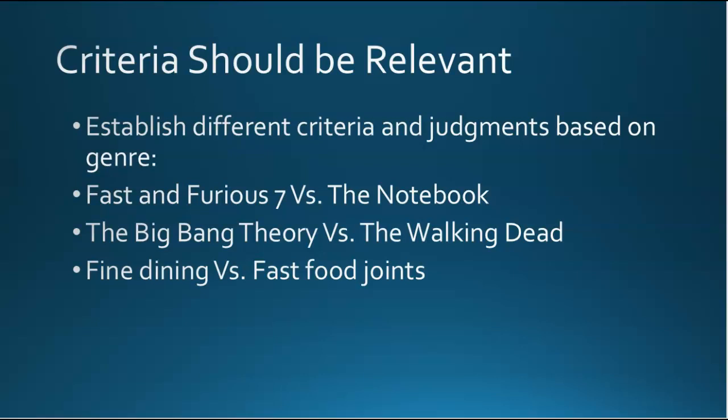So what I mean by that is this. You may have two movies, right? But they're different types of movies. They're in different categories, almost like subcategories. So for example, you could have Fast and Furious 7, right? That's a film. Versus The Notebook, which is also a film, but they're two different categories of film.